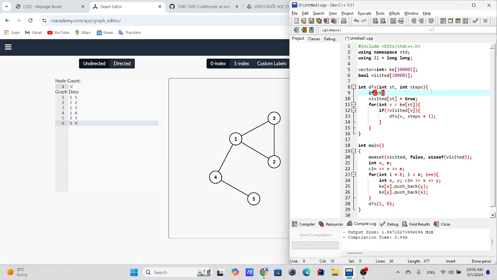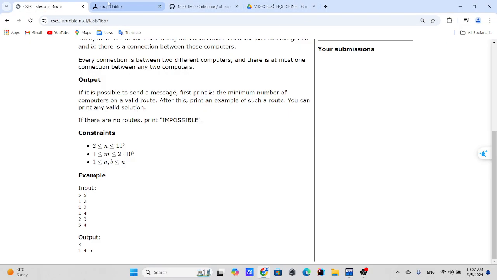If st is equal to n, then what? Return one, or something, right?